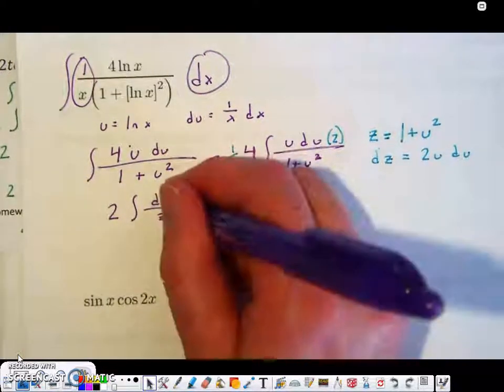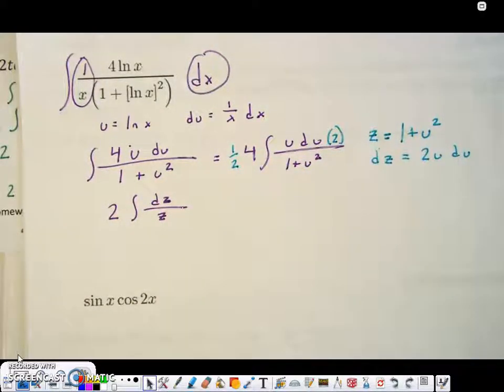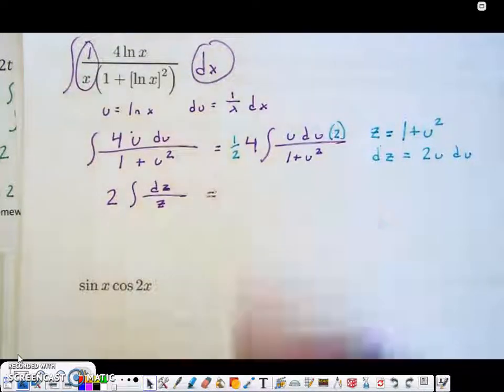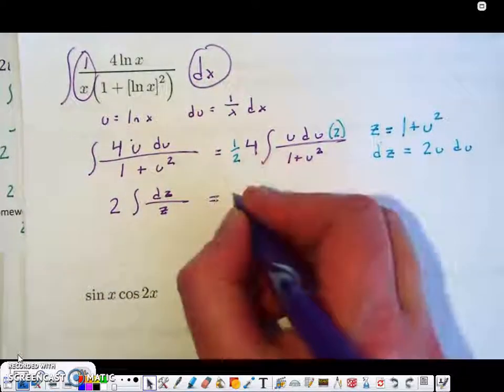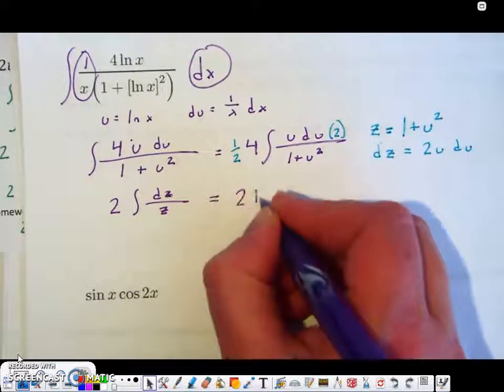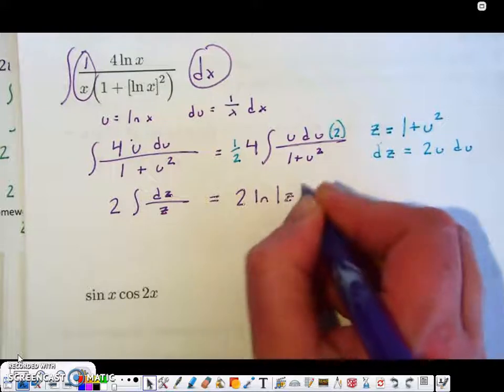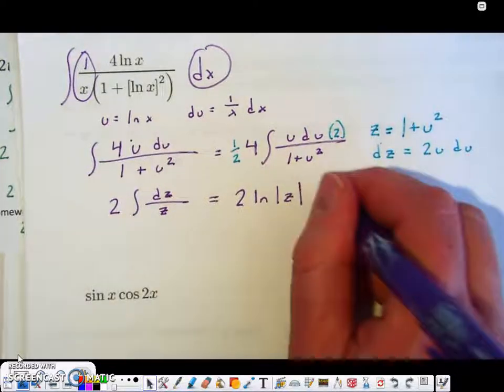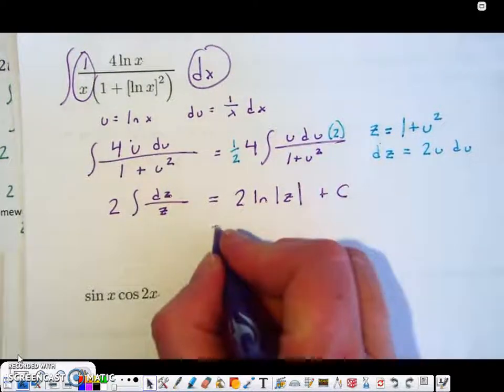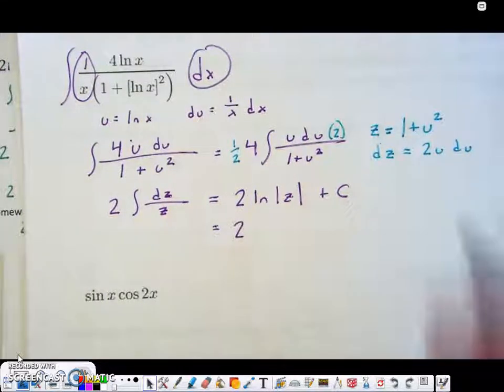And that's really the only thing y'all were getting wrong for the most part, that constant. You either have to split it up or take it out. Yep, double substitution. So you have 2 ln of the absolute value of z plus c. And let's go back and see what z is.